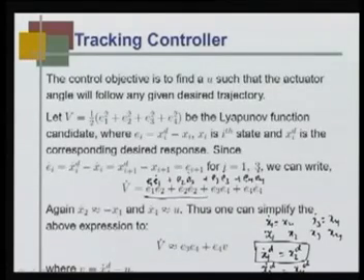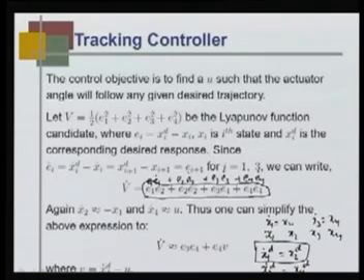So, this is our actual expression of e1 dot, and again x2 dot is approximately minus x1 and x4 dot is approximately u. Thus, with similar logic we can simplify this V dot to be qualitatively e3 e4 plus, because qualitatively this will cancel out this, because e2 dot would be minus of e1. So, this will be cancelled, cancelling out qualitatively.